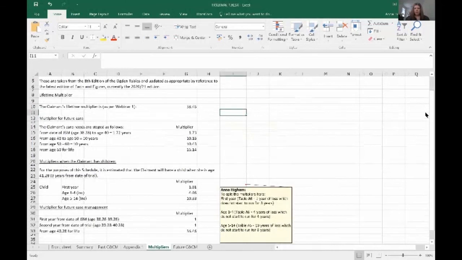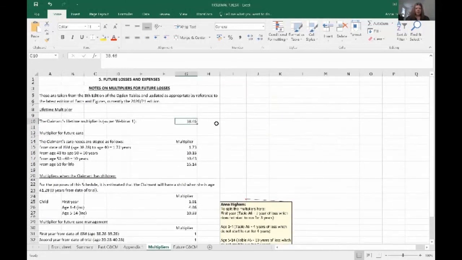Dan took us through the table 36 method for calculating the lifetime multiplier. You'll recall he also touched upon the table 2 method, and Penny's multiplier before interpolation would have been 37.96.